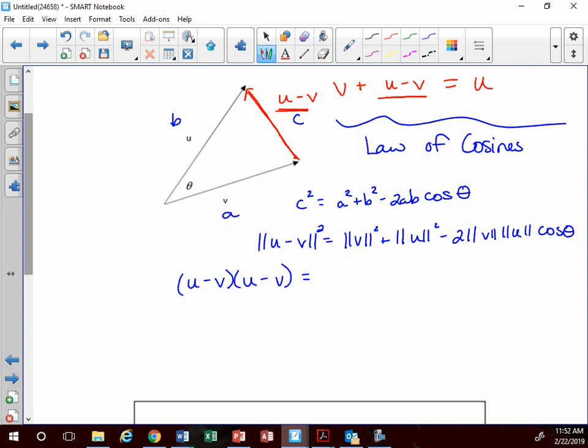Whereas the magnitude of v squared is just v dot v. The magnitude of u squared is just u dot u. Now, these last ones we have to leave the magnitude on because they're not squared, so we can't get rid of that.